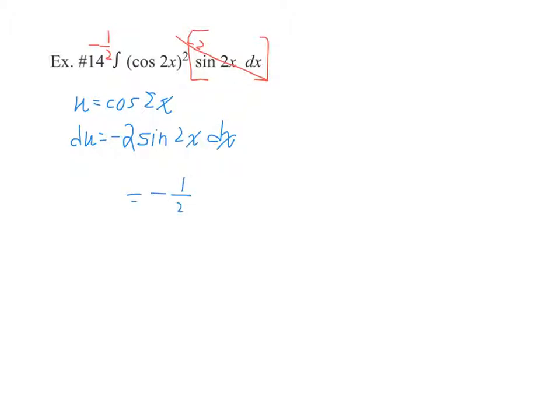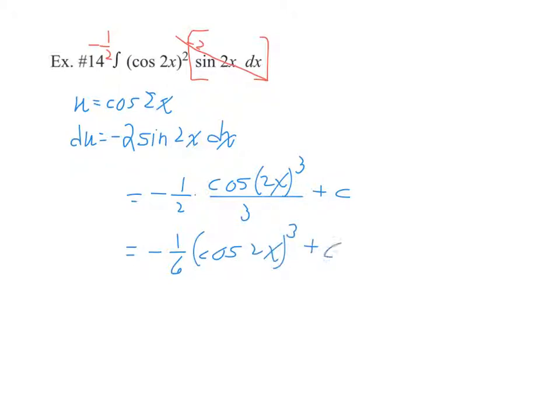That negative 1/2 stays in front, and I'll have cosine of 2x cubed all over 3. You can simplify it if you like. This is your own personal preference, but I like to put those fractions together. In front is negative 1/6 cosine of 2x cubed plus c.